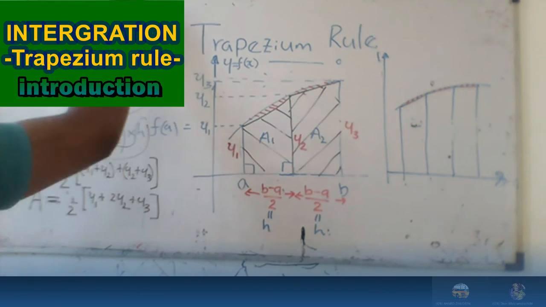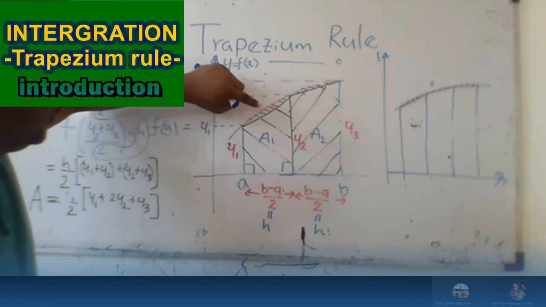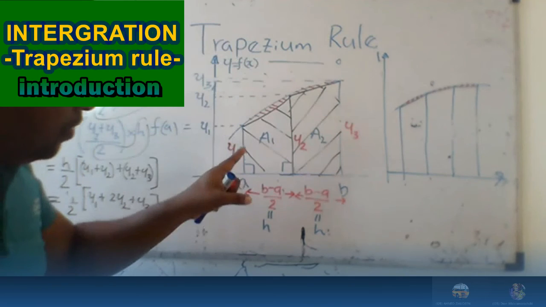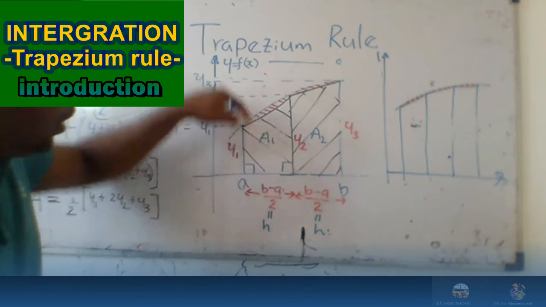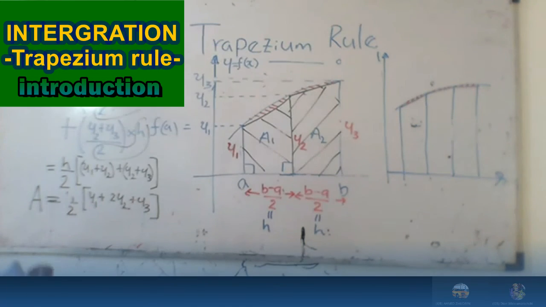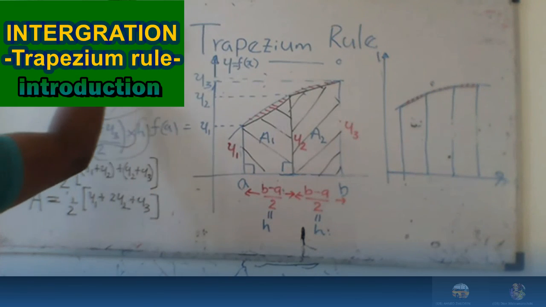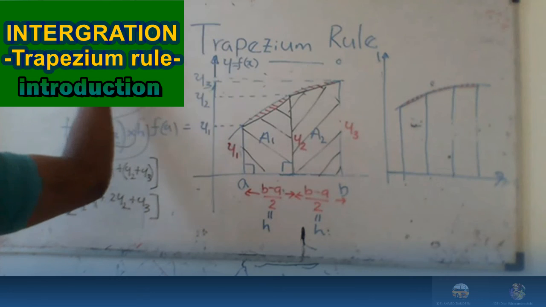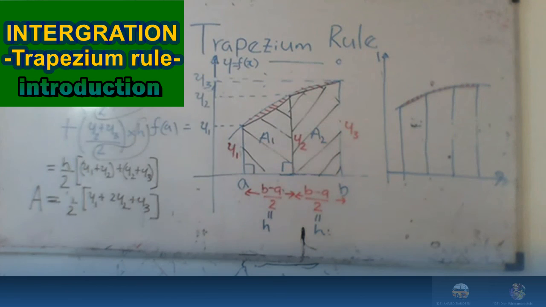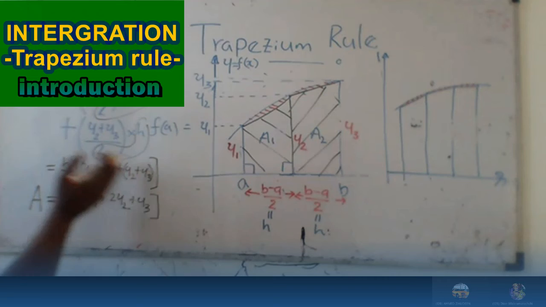But I can't say it's equal because you can see integration gives the exact area, but the trapezium rule gives it without these red parts. Therefore, you can't say this integral, that is the exact area, is equal to this, but you can say they are kind of an approximation to the expression we are getting from the trapezium rule.